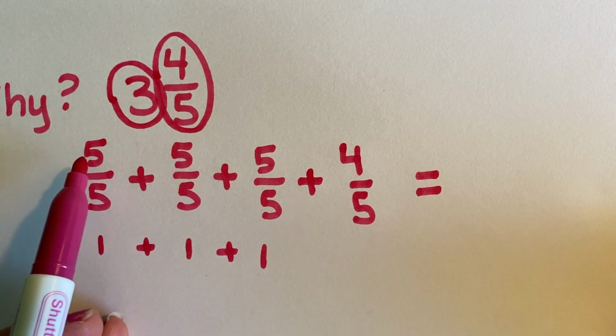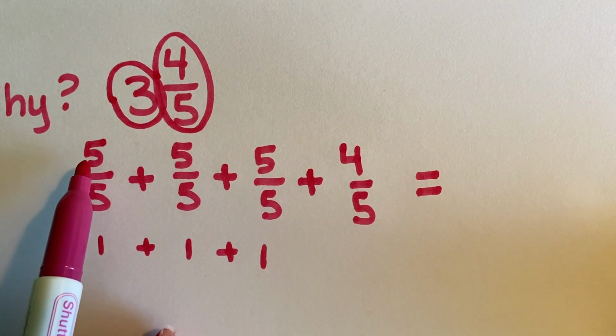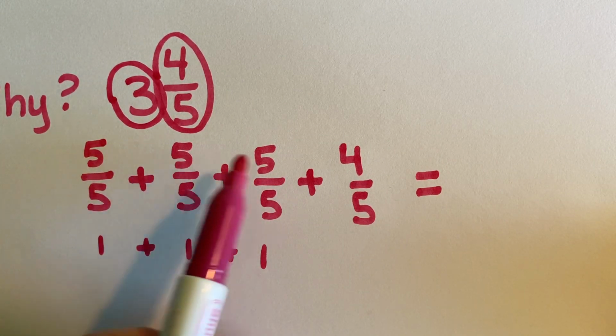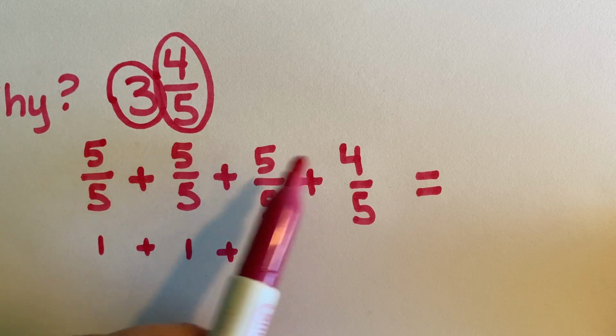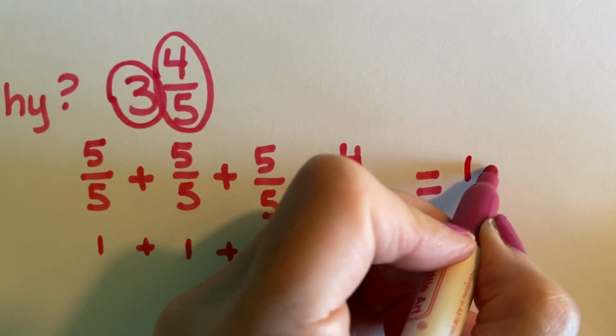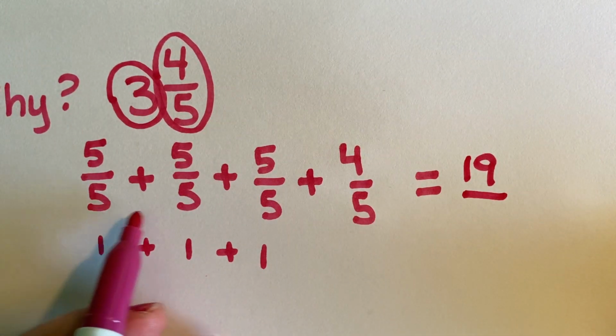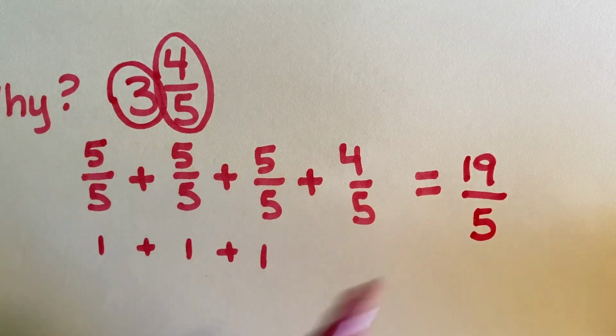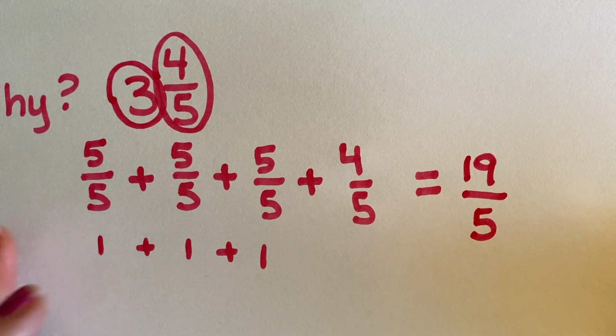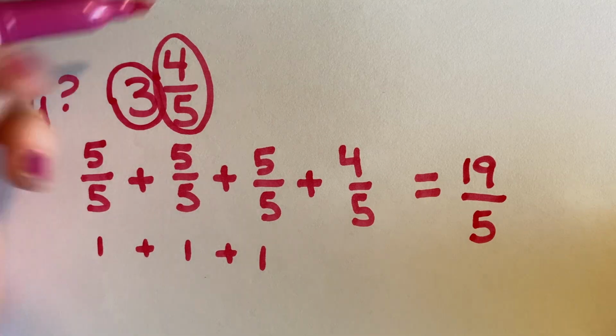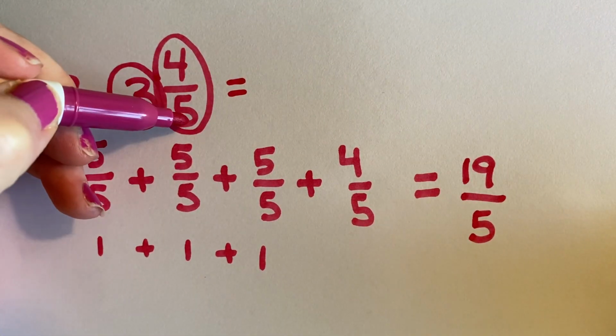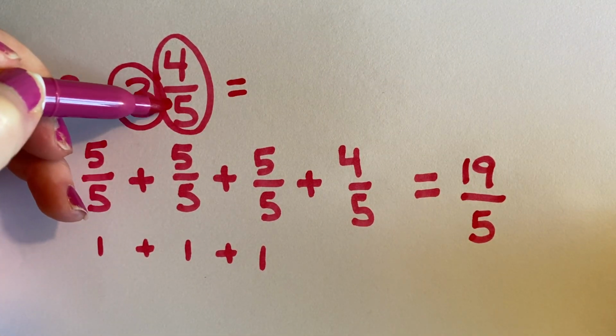We know we add the numerators. So 5 plus 5 is 10, 10 plus 5 is 15, and 15 plus 4 is 19. And when we add fractions, we just keep the denominator. Now let's review. When you do the shortcut, you take 5 times 3.